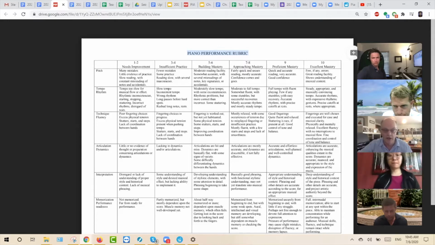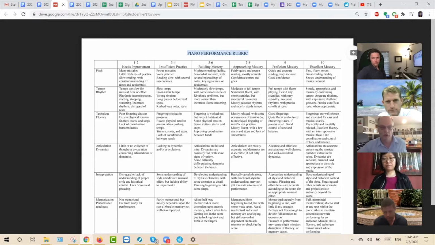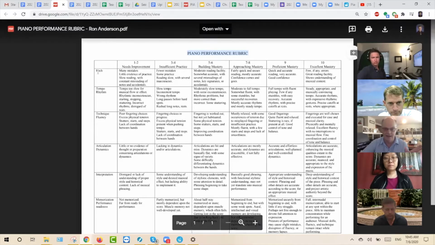And what I've started doing more and more is having students, even at the beginning of the semester, say, look, next week we're going to apply this rubric to a certain phrase, or maybe a certain segment of the music. And that's going to be the highlight of the lesson.